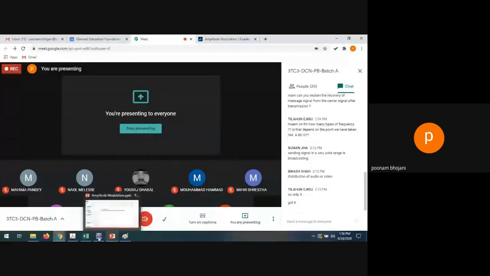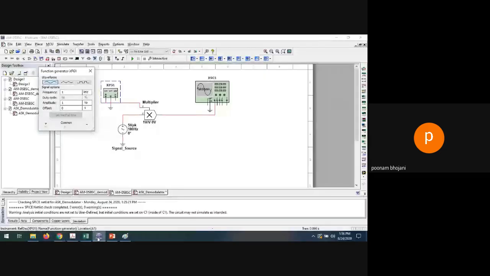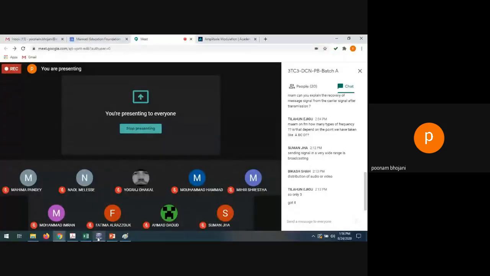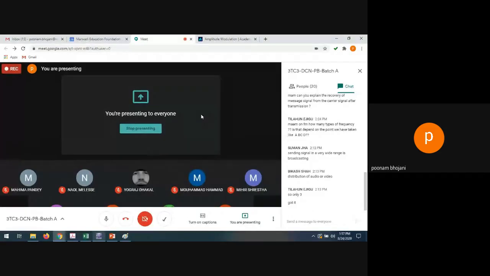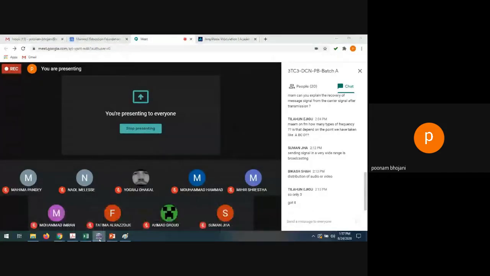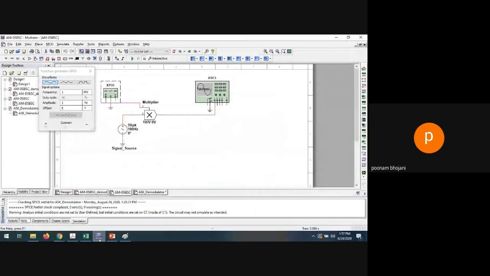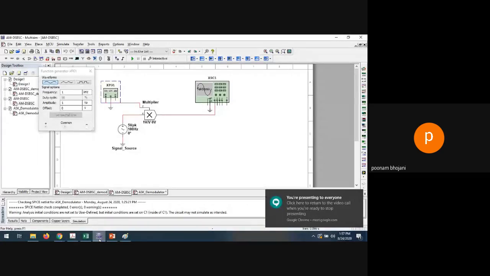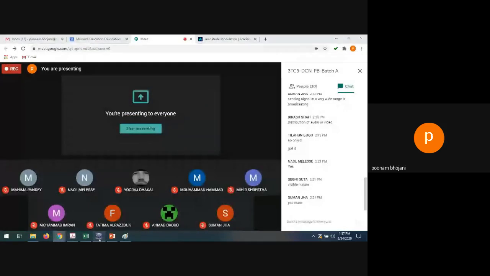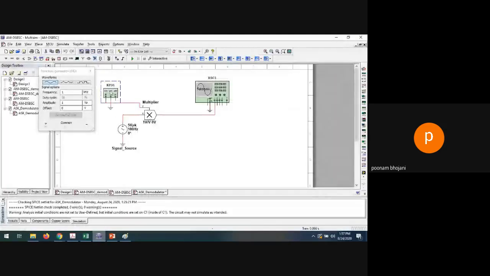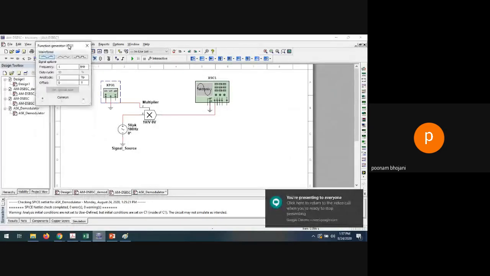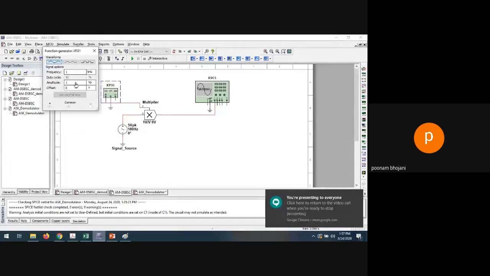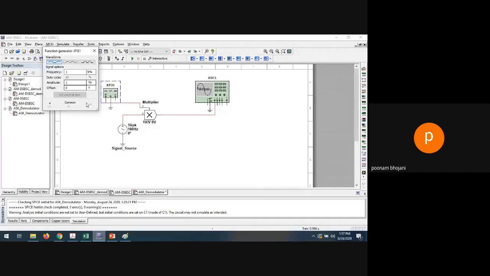No one is answering. Hello? Is the Multisim screen visible? Okay, fine. So see, this is the function generator in which we are using one message signal and one carrier signal.